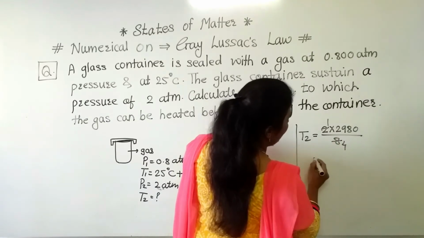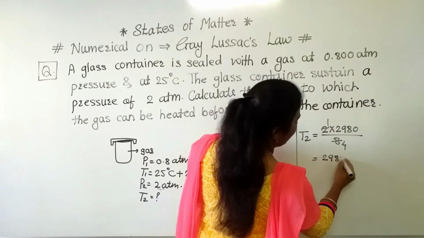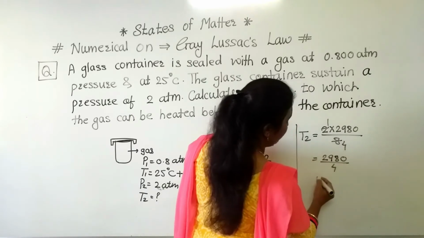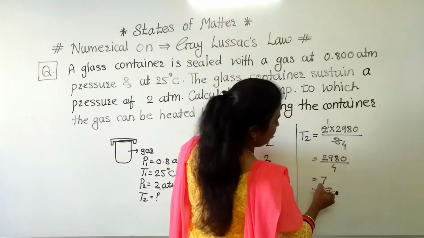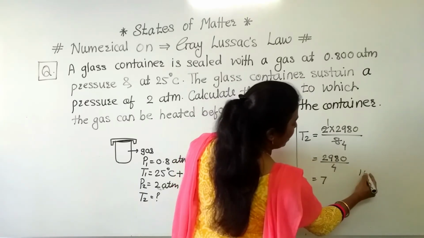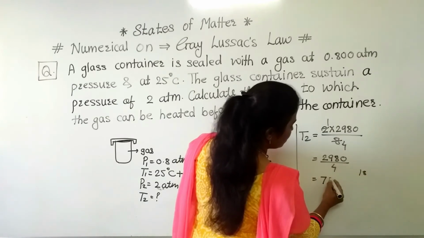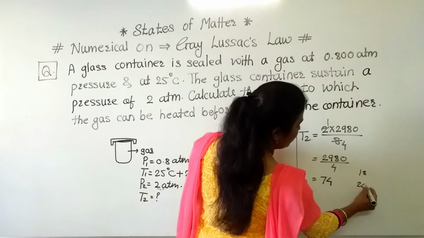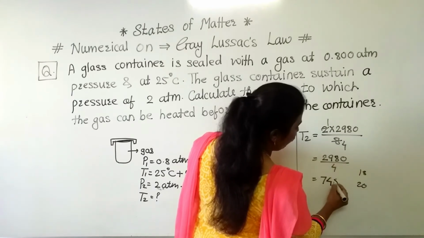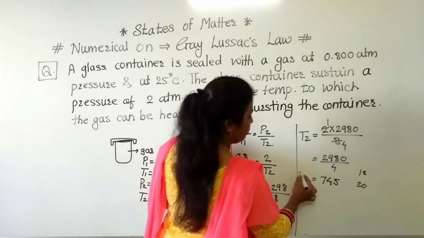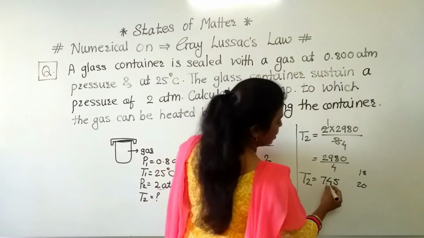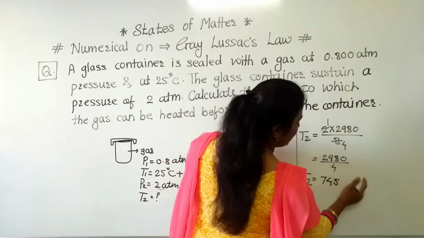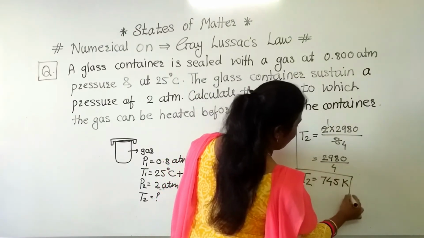In this way, after calculation, 2980 divided by 4: 4 7s are 28, again 1 will remain. 4 4s are 16, means here again 2 will remain, and finally 4 5s are 20. Means our final answer is 745 Kelvin. It is in Kelvin.